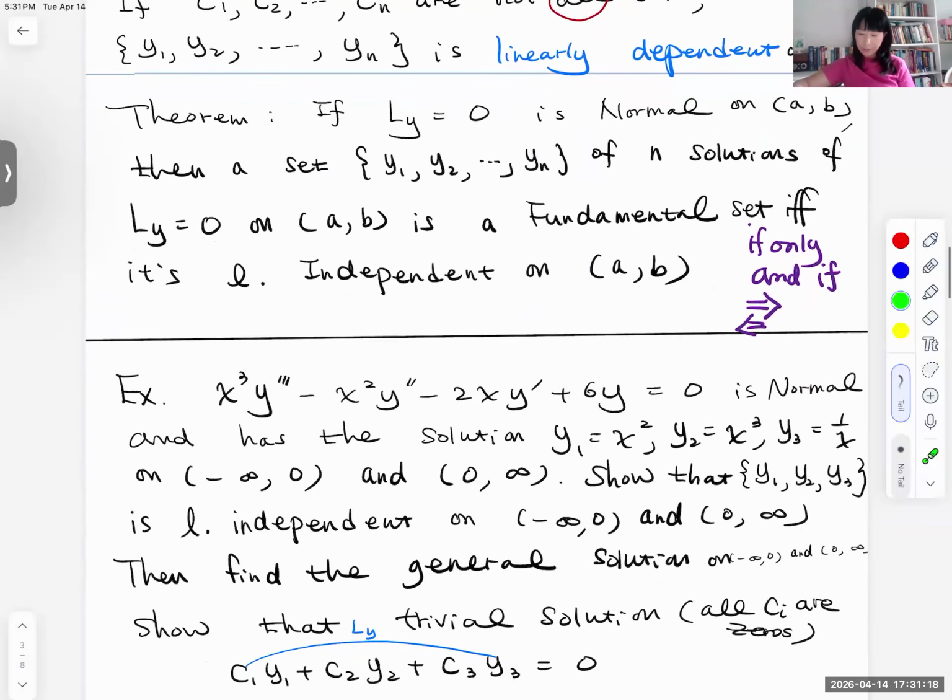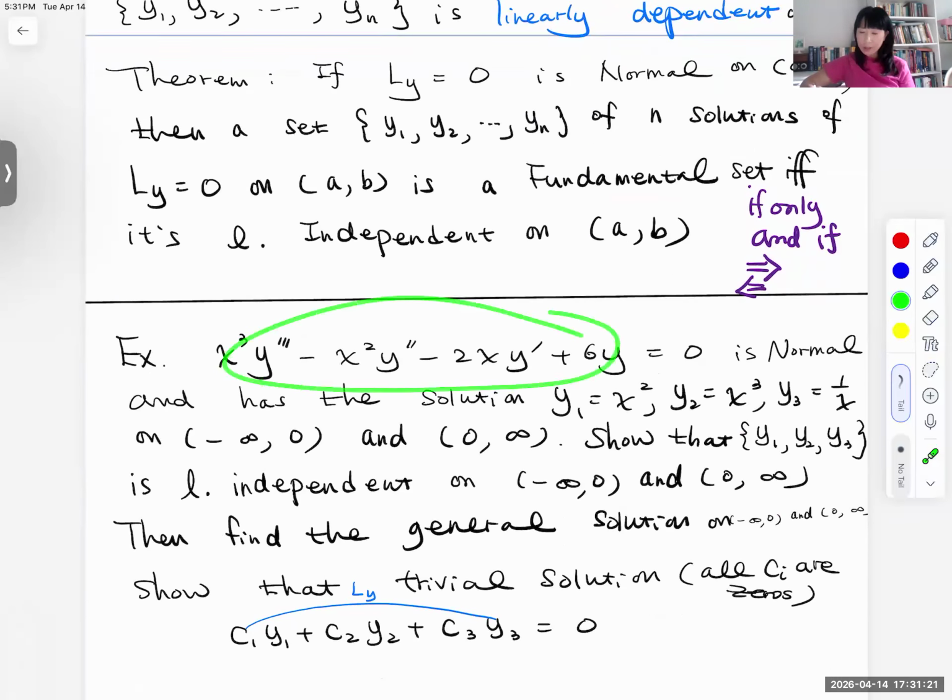Okay, now let's do examples so that we understand everything. We have the left-hand side, L sub y equal to 0, it's normal, then it has a unique solution. The solutions are y sub 1 equal to x squared, y sub 2 equal to x to the third power, y sub 3 equal to 1 over x on the negative part and the positive part. We don't include 0 because we have a fraction there.